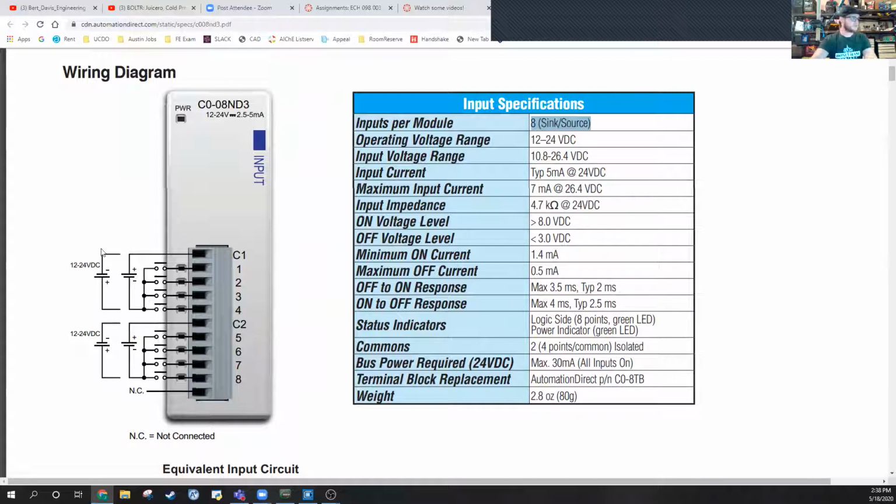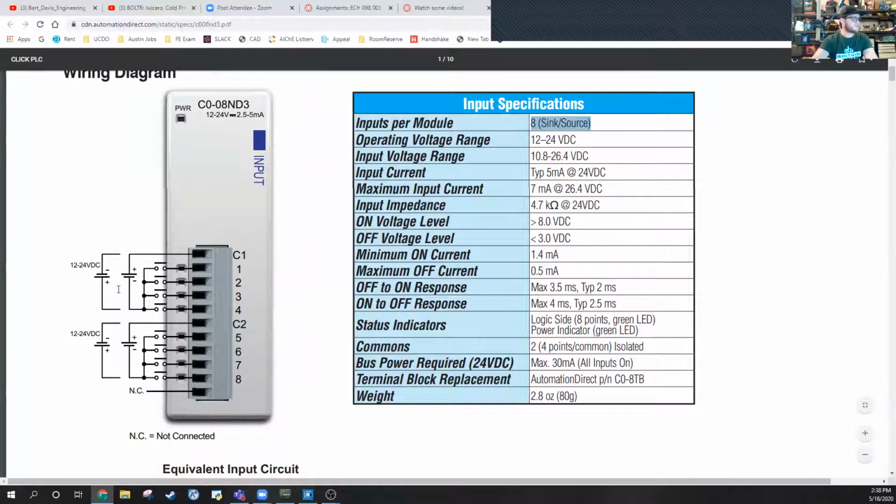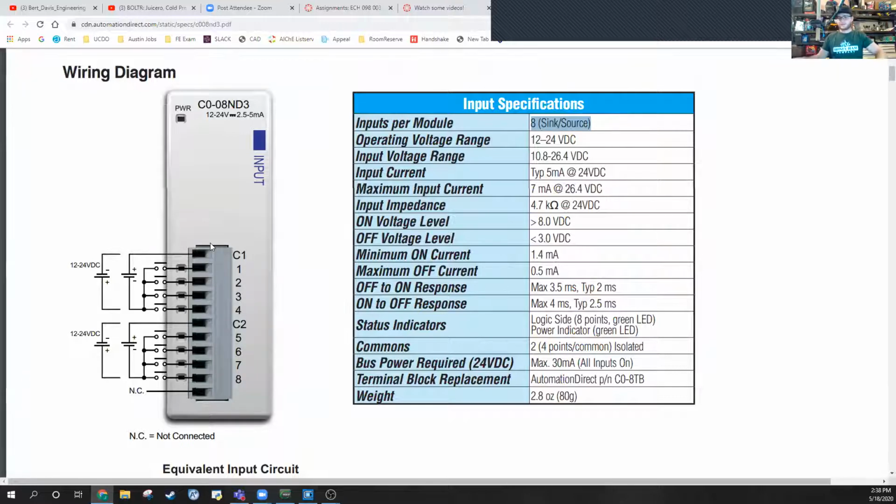And so if you look at the diagram over here on the left, you'll see it shows an equivalent circuit. Well, I don't think I need to redraw this at this point. I think y'all can. I've redrawn this equivalent enough times, and so you can see it's showing here on these inputs.